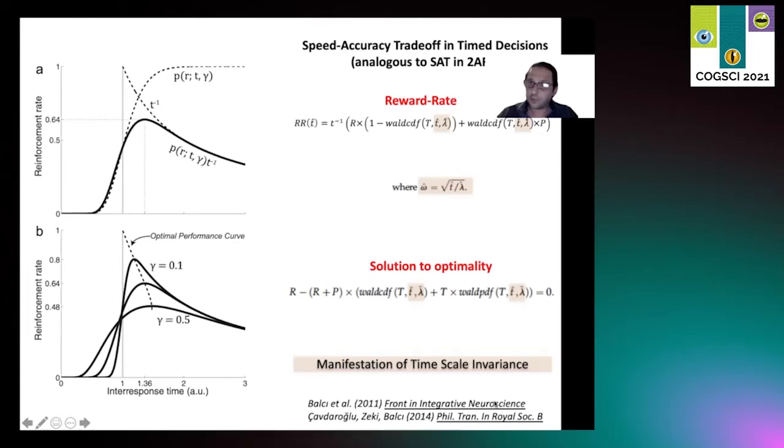I am demonstrating this graphically on the bottom left. Here you can see the expected reward rate curves for different levels of timing uncertainty. Here gamma stands for coefficient of variation. So when you have a gamma of 0.1, it means you're a precise timer. When you have a gamma of 0.5, it means that you are not a precise timer.